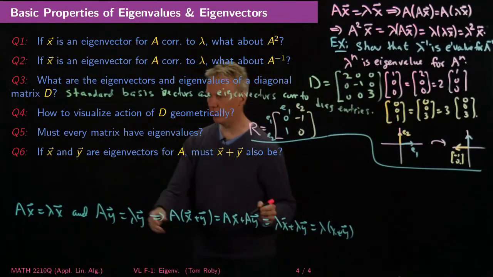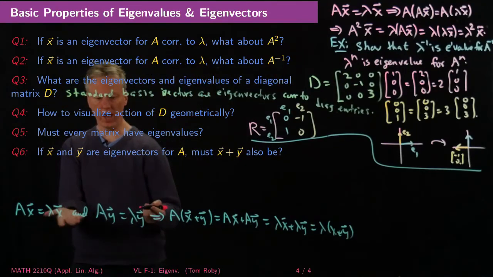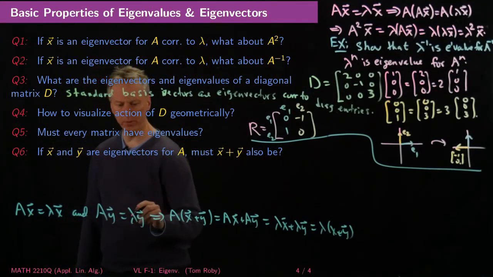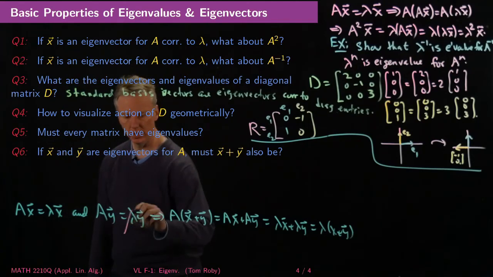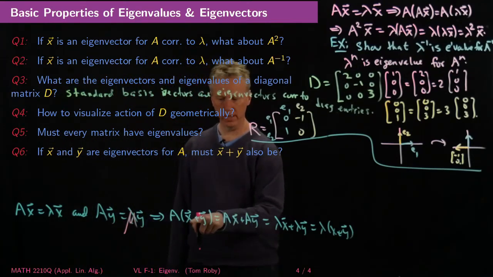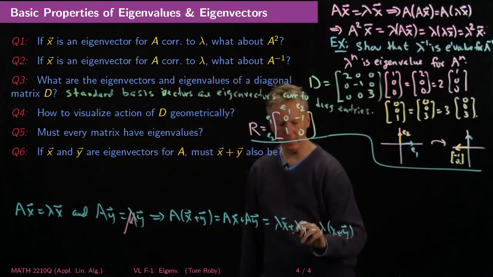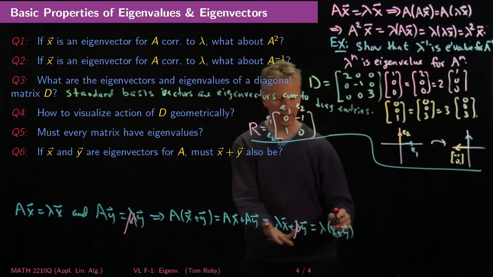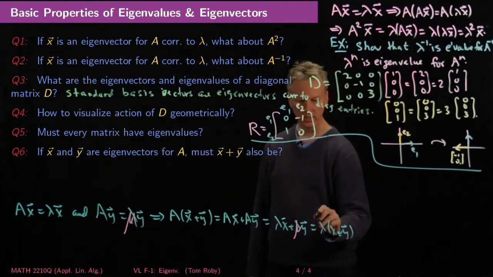But if, for example, these were both eigenvectors but for different eigenvalues, suppose Ay was actually equal to mu times y instead of lambda. Well, then this would still be true, but then I'd have lambda x plus mu y, and this last step wouldn't work.